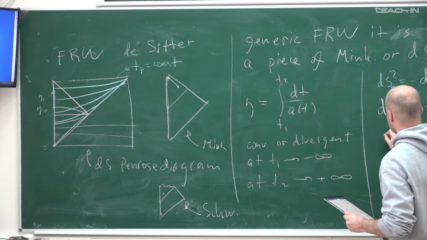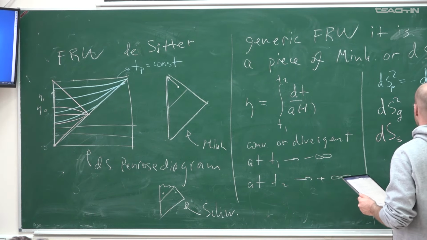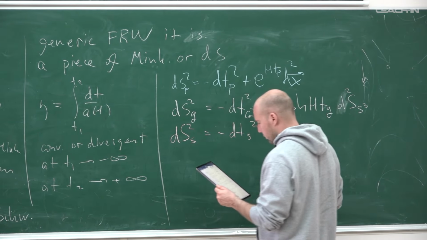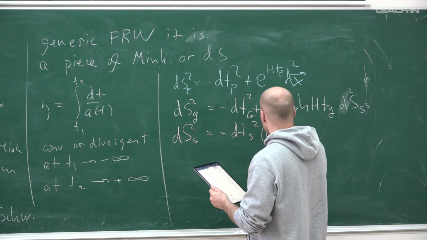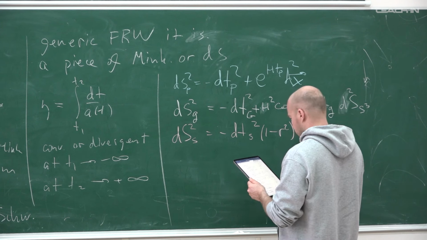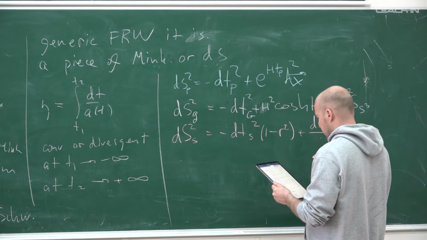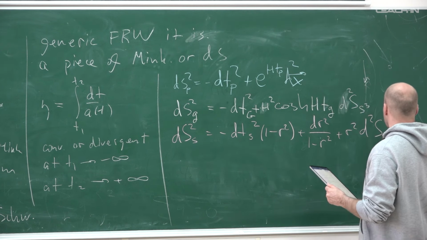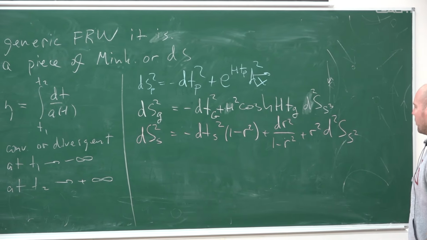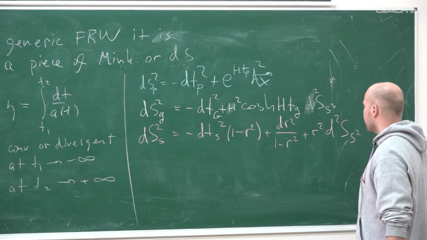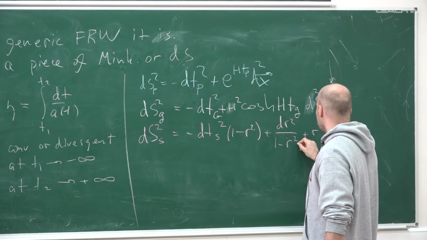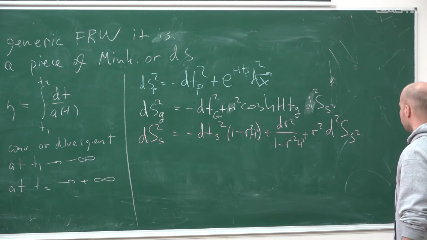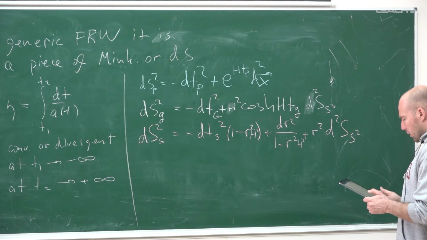So ds static squared is minus dt static squared times 1 minus r squared, plus dr squared over 1 minus r squared, plus r squared dΩ2, okay? And I should make h squared here, h squared here.